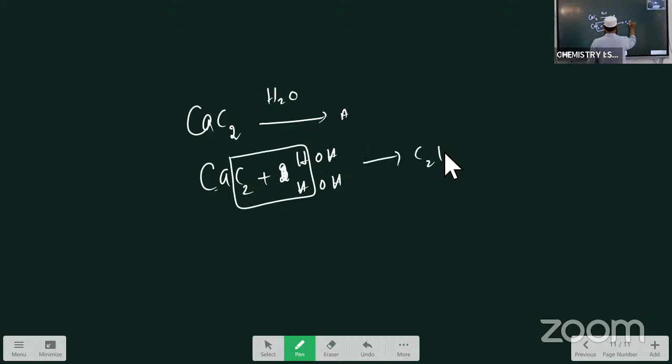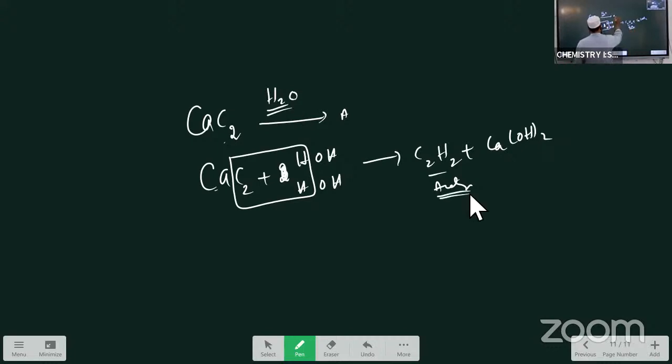As a result you will get C2H2 plus Ca(OH)2. This is called what? Acetylene. What happens when calcium carbide is subjected to hydrolysis? When water reacts with CaC2, acetylene, C2H2, is formed.